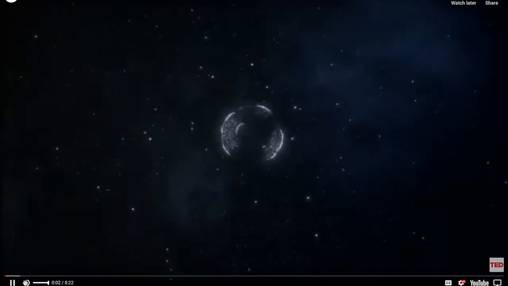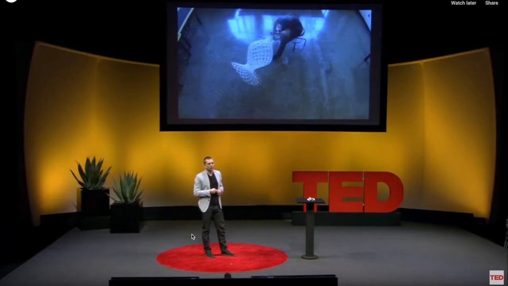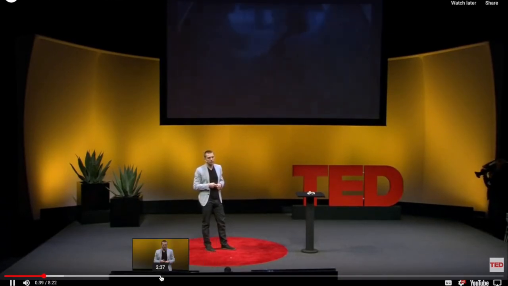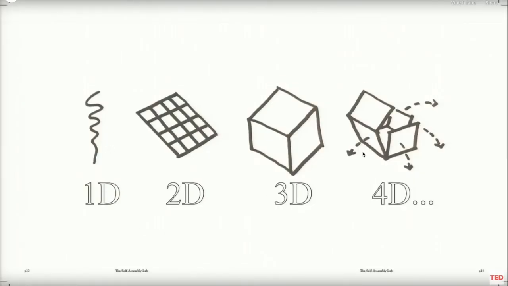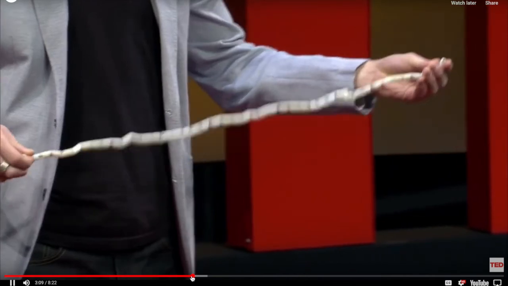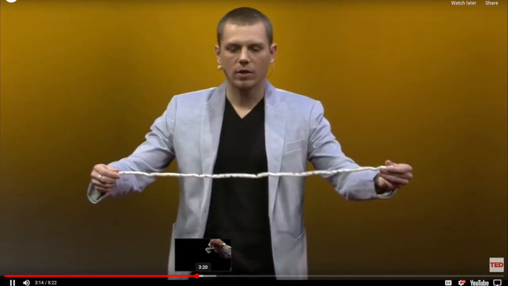This is the 4D printing. Okay, so what it does is, you can program the materials to remember some shape, and then it can self-assemble. So we have one dimensional, two dimensional, three dimensional, and now four dimensional. Four dimension means we have another constraint, which is time.